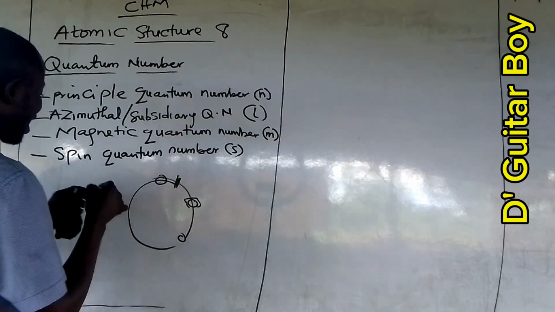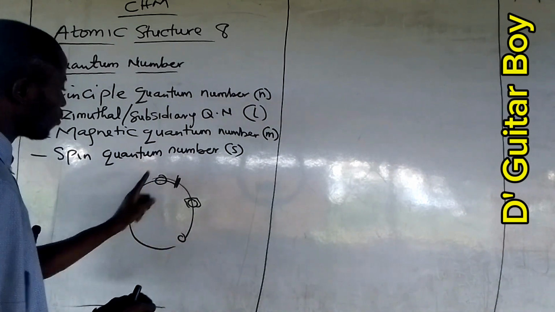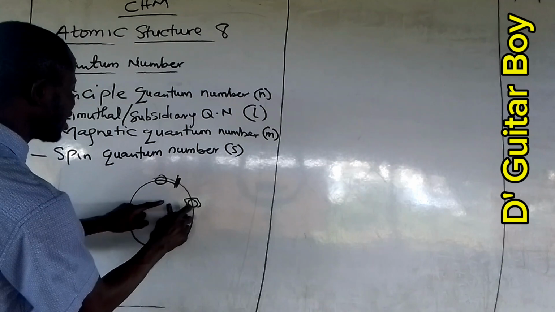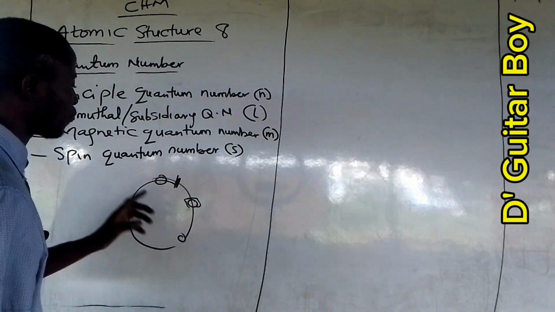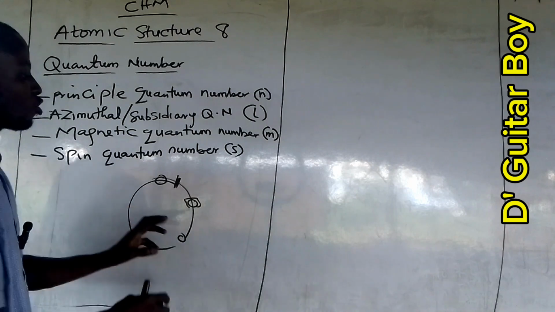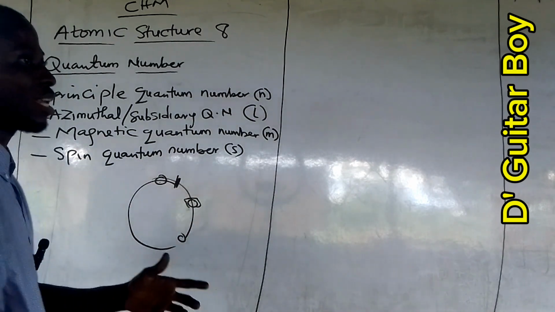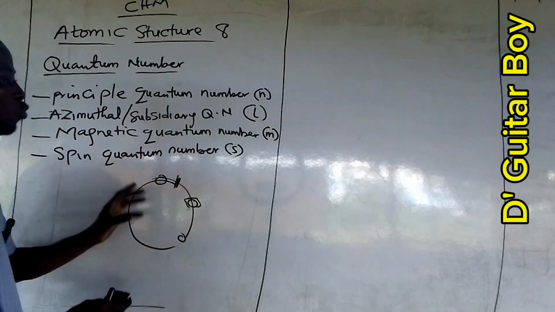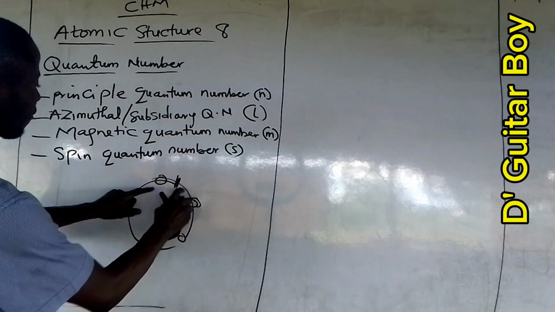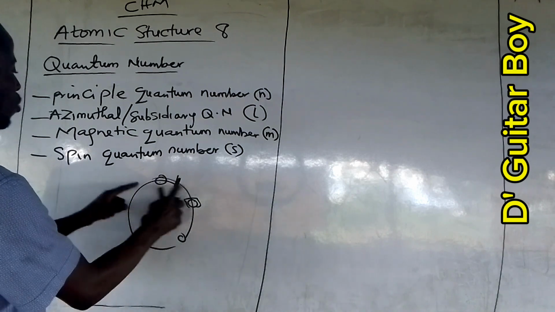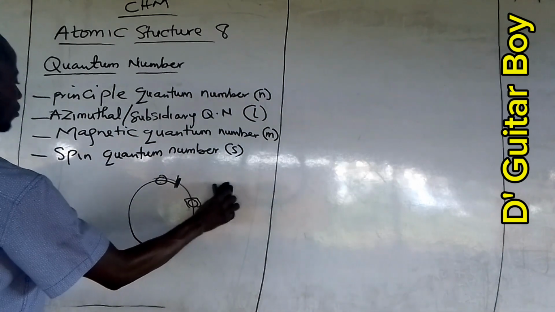There are other energy subdivisions inside this energy level that make the energy of this electron different from the energy of this electron. So no 2 electrons inside this atom would have the same energy. We are going to talk about that later. Why? Because the energy of an electron is not only affected by the principal quantum number, rather it is affected by the other quantum numbers.